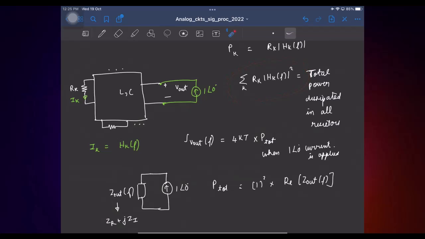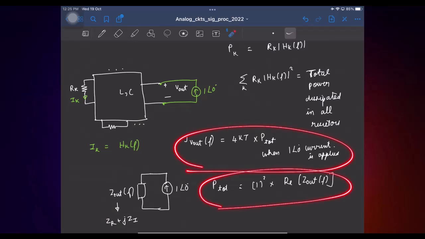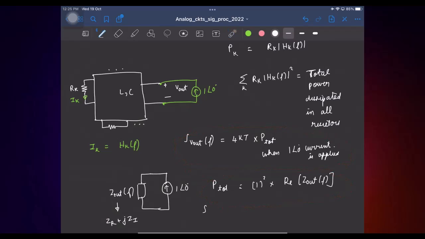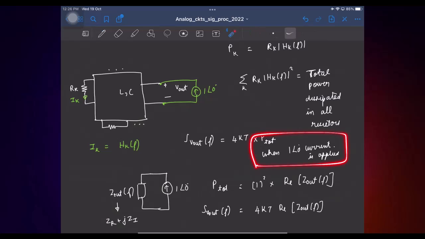Okay. So now you stare at these two and tell me what Sv out of f is. It is 4kT times the real part of Z out of f, because basically this is equal to this.